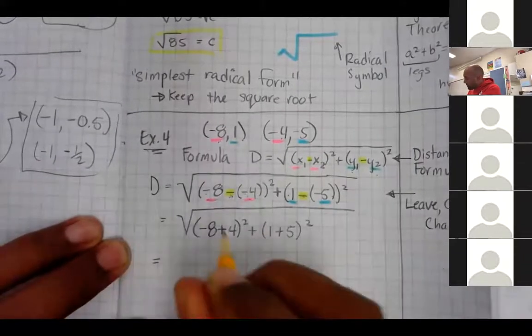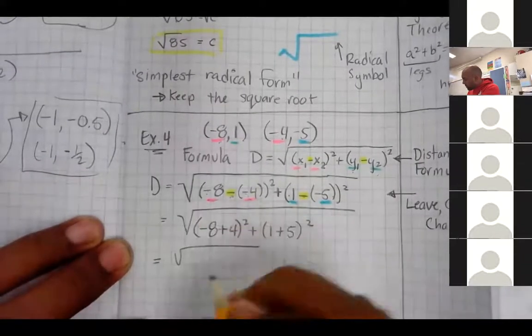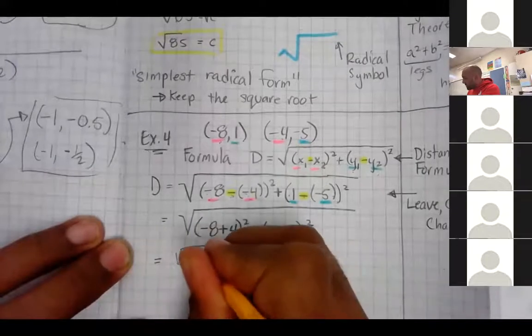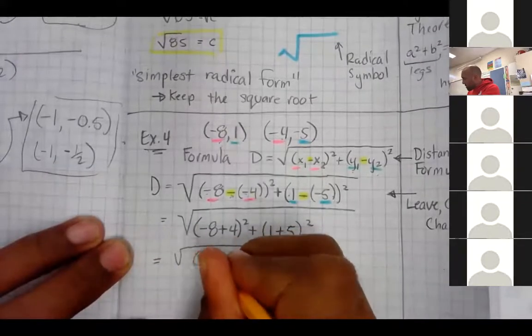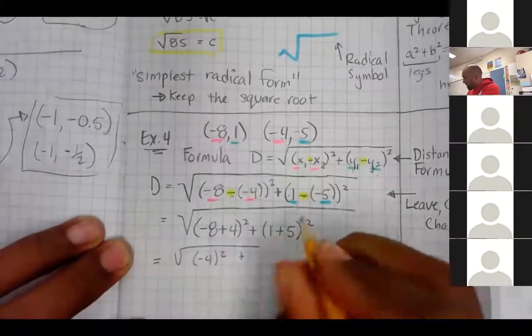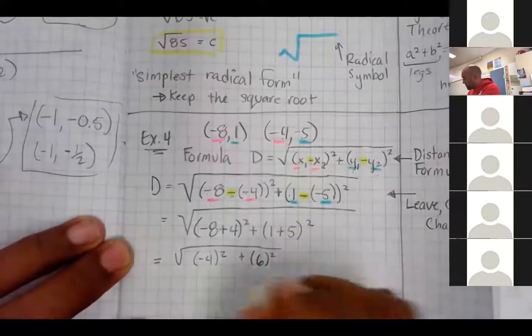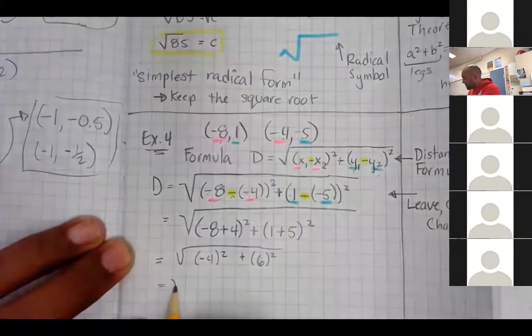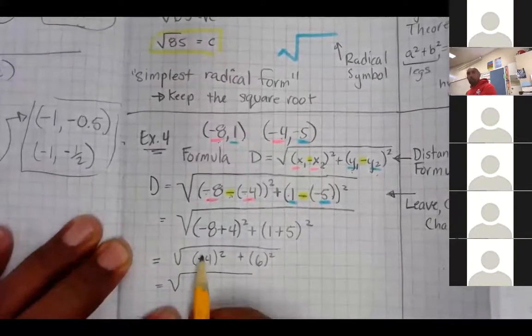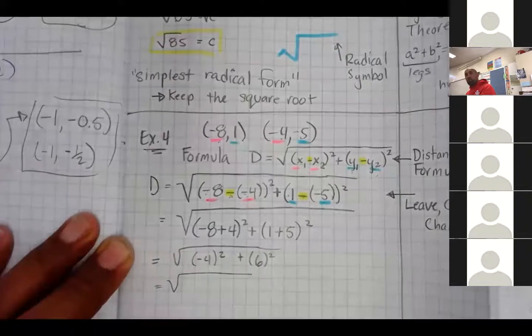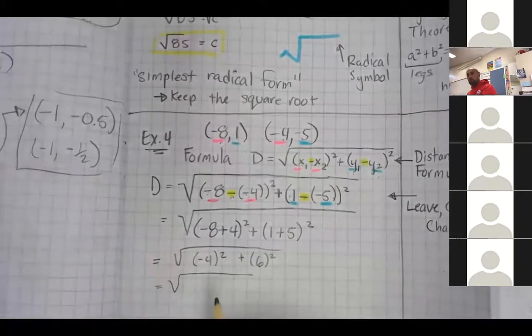Okay, so now negative 8 plus 4, well, that's going to be negative 4. And then 1 plus 5 is 6. Okay, then negative 4 squared. Remember that squared means multiply it twice.